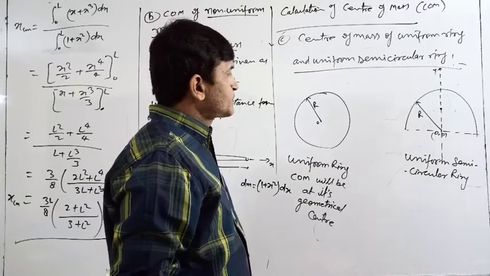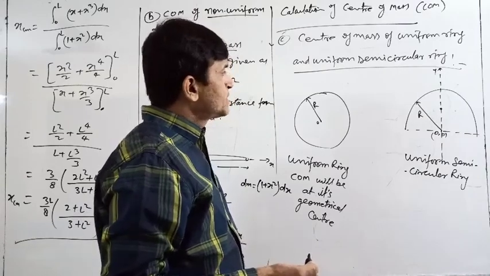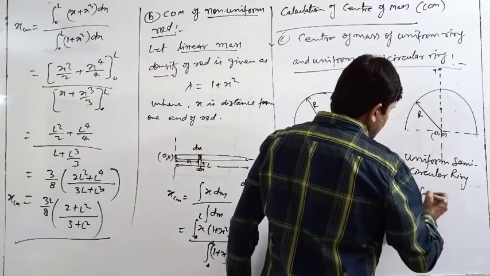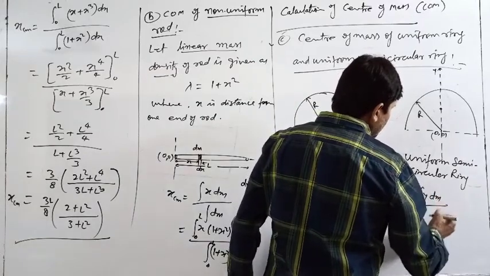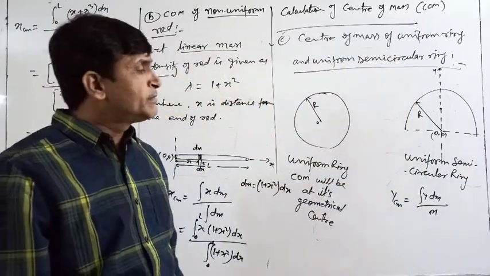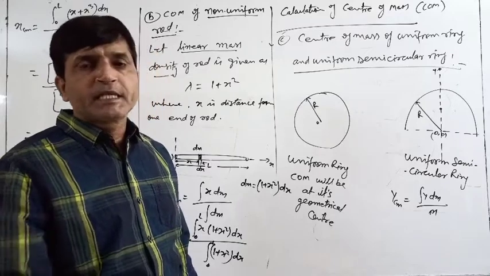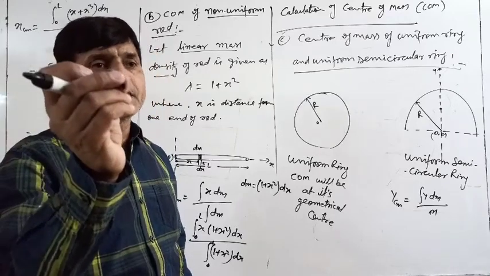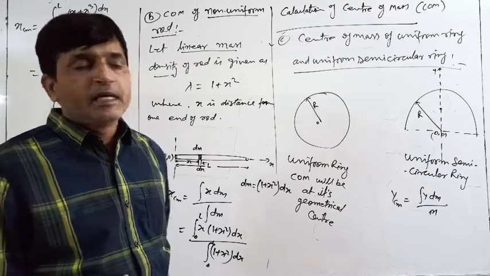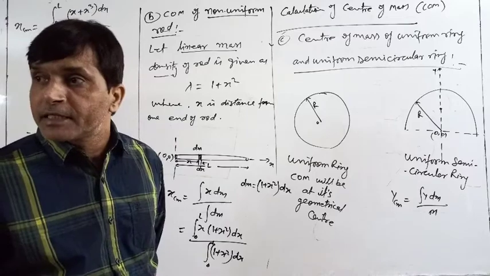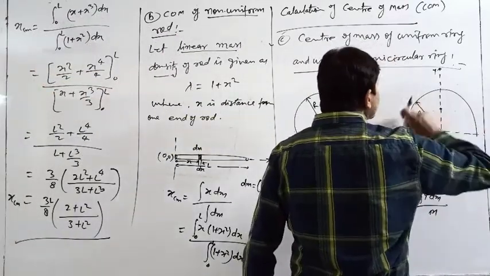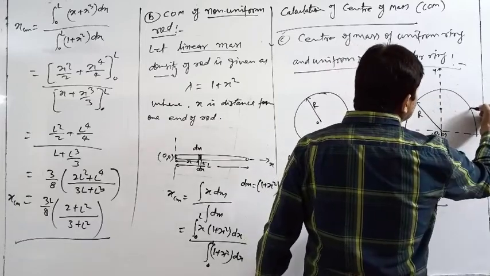Okay. How to calculate? Same method. Y_CM equals integral of y dm divided by total mass. What is dm? dm is the mass of a small element. Where do we have to take the element? In the body. The body is this ring. Mass is here only. So let this be your small element.